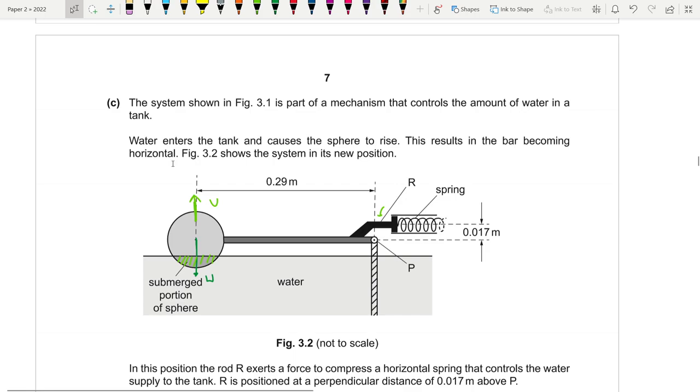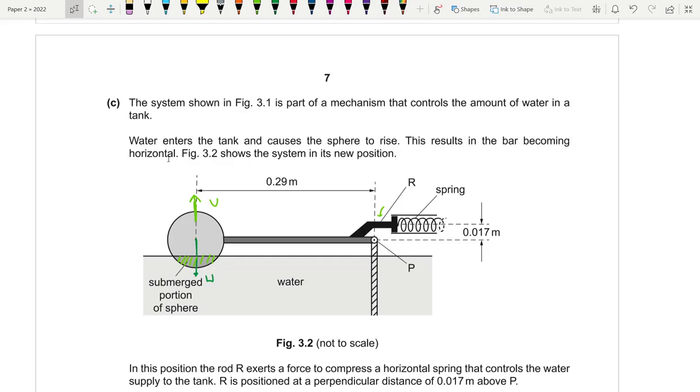So what about this sphere on the left hand side? If we take P to be the pivot, we are experiencing a force of 1.18 upwards, right?